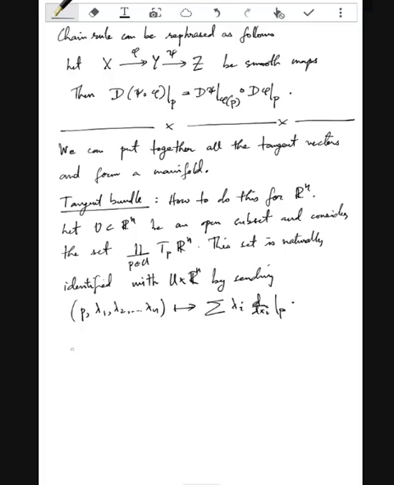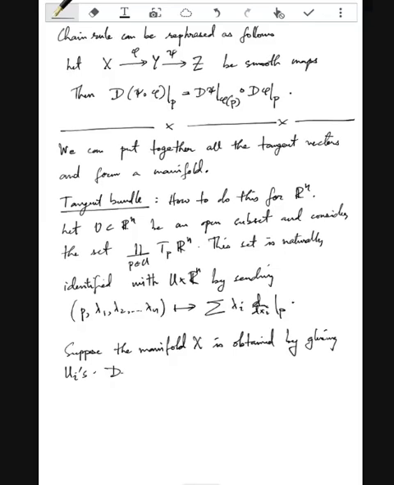So suppose the manifold X is obtained by gluing U i's. U i's are contained in Rn.